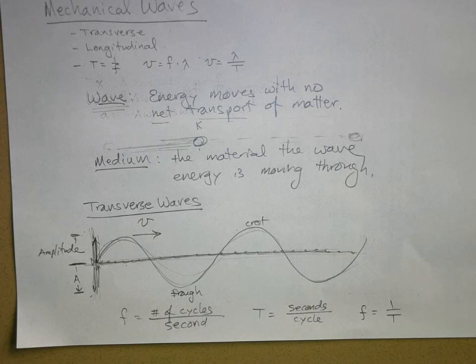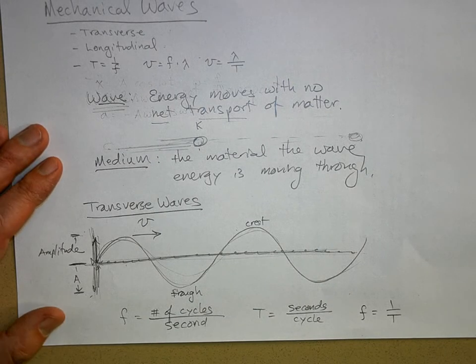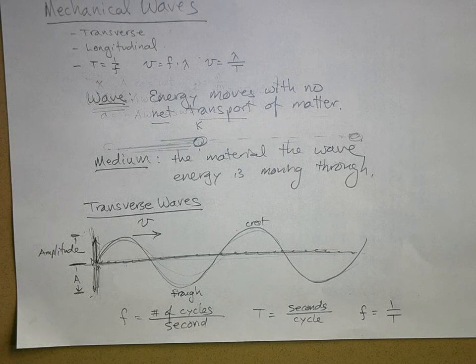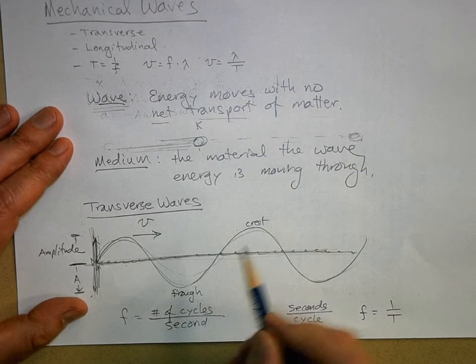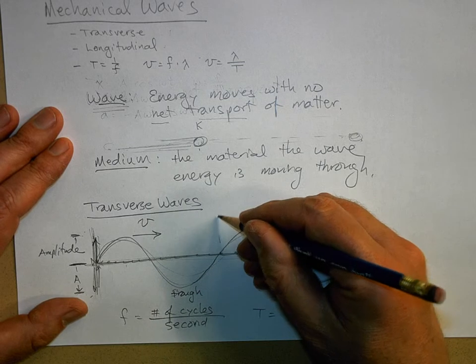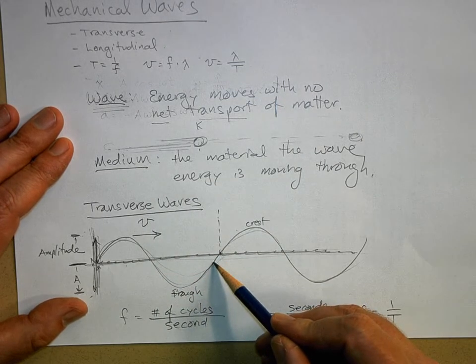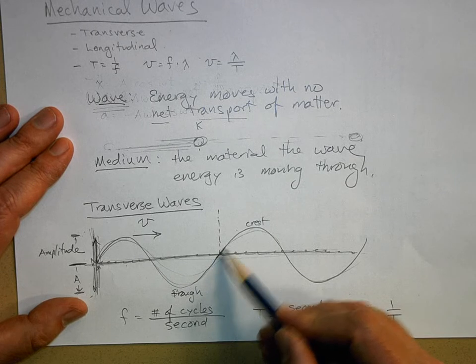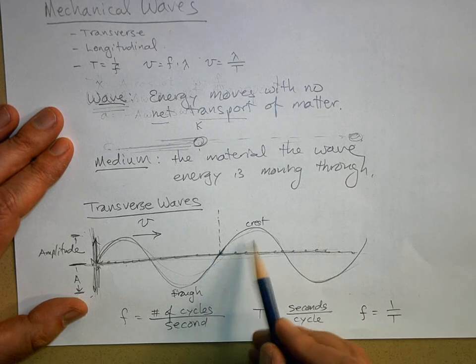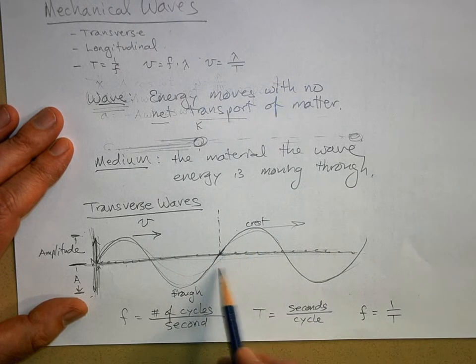Now here's something new that we haven't talked about, and that's the wavelength. The wavelength is the distance between repeating parts of the wave. So let's start here. Let's look at the wave right here. Here we see the material has a slope like this, and these things are moving that way.